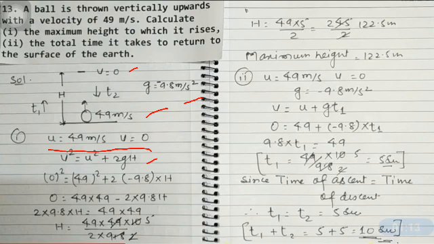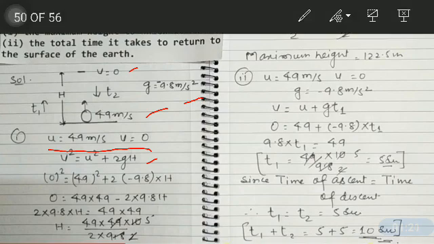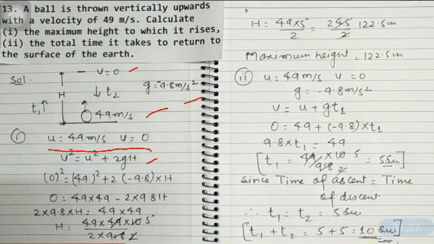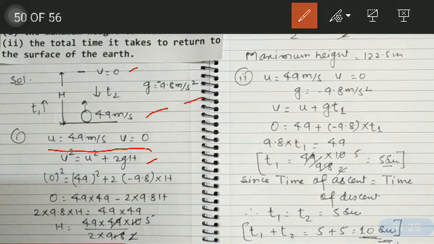Now in the second part, you have to calculate the time taken by the ball to reach the height of 122.5 meters. So again, we are going to make use of initial velocity 49 meter per second, final velocity 0 and acceleration due to gravity 9.8 meter per second square.